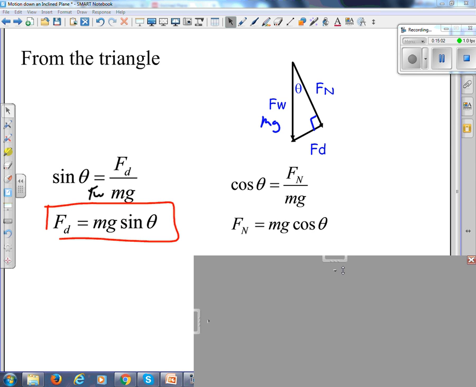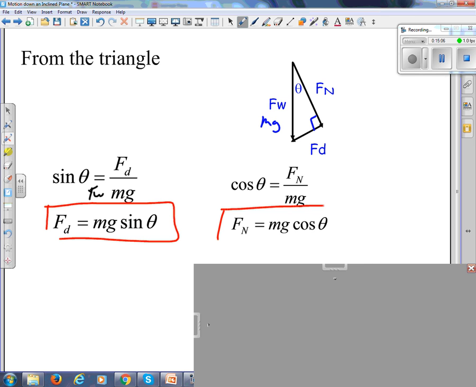In other words, Fn is equal to mg cos theta. Those are the two formulas. That's all that theory. I basically did a formula derivation for you. This one was not as much algebra, but more thinking. Those are the formulas you're going to use.